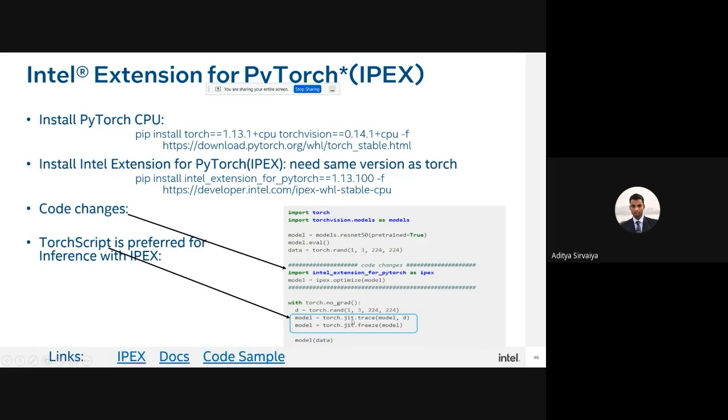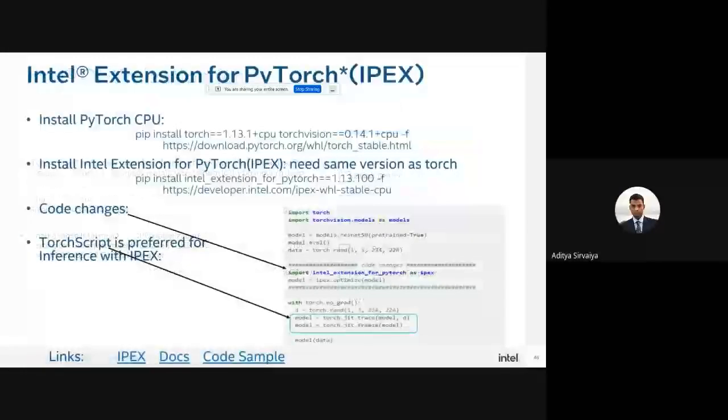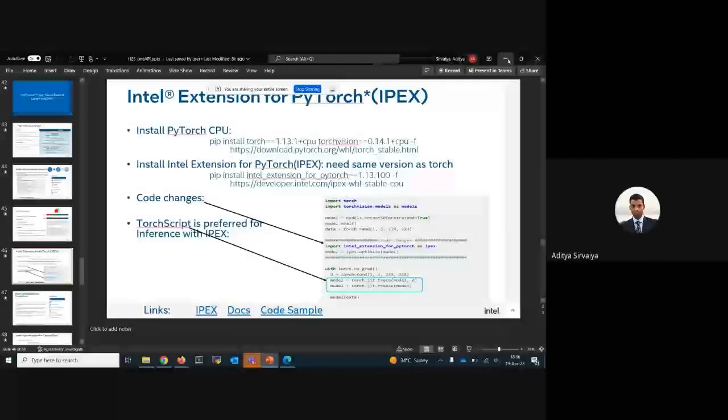Here in the code, we are converting our model to trace format, that is JIT torch script format, and we are freezing it, because by freezing we mean we don't need to train it again now, so that we can add more optimizations in here. This is from torch only, but optimizations are really included in it from Intel Extension for PyTorch. Let me quickly show the demo for this with PyTorch.